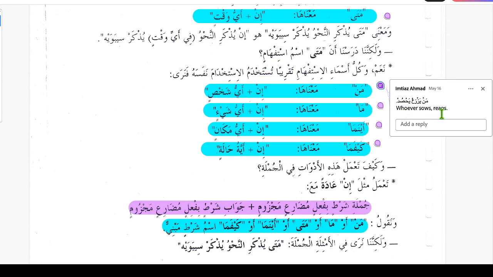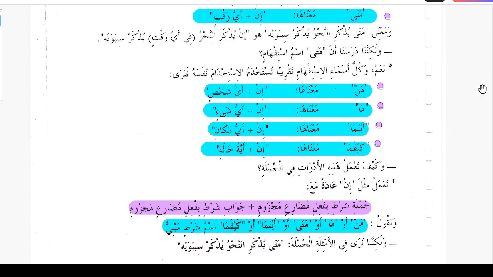That is like saying in plus any person, so there is no condition: whichever person sows, he will reap. If any person sows, he will reap. That is the use of man.